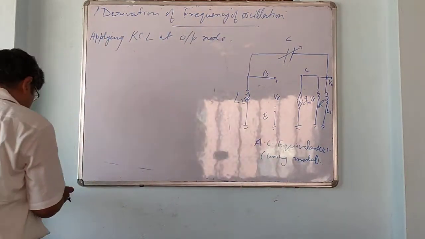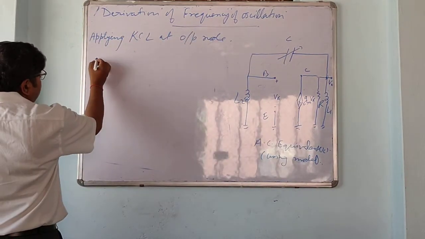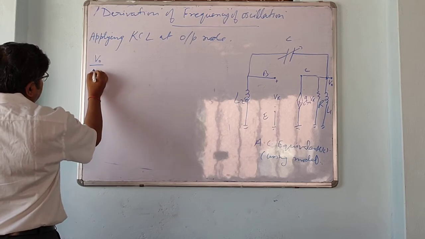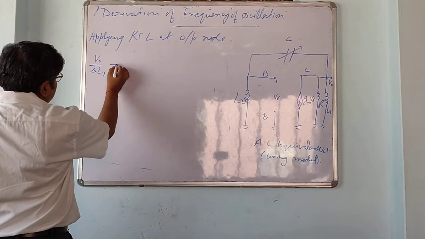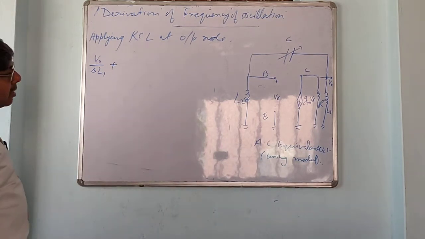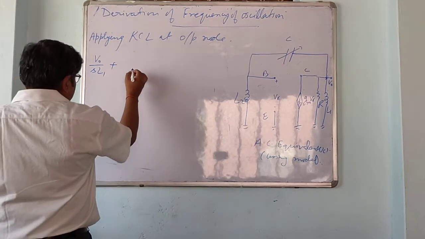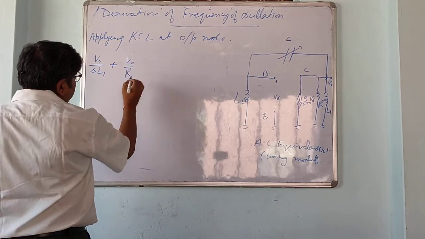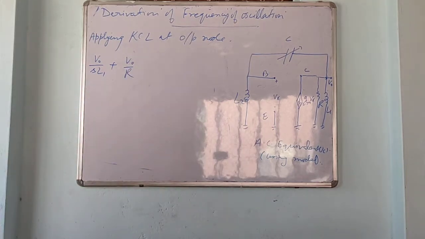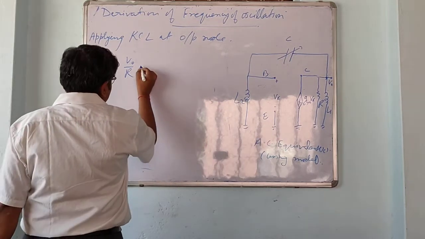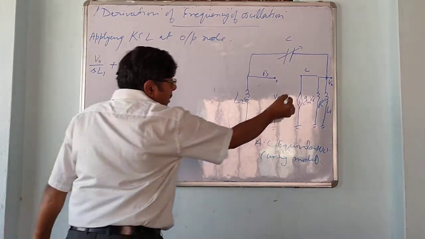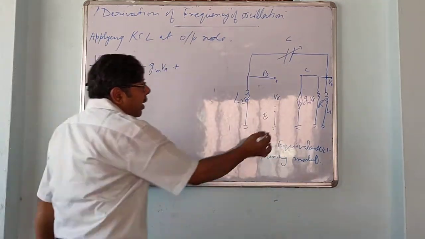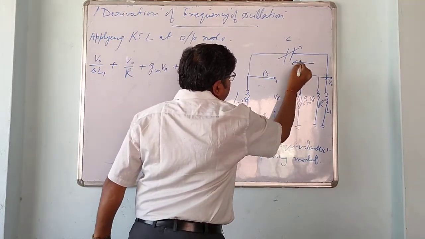After applying KCL, we can write like this. This is the current through L1, plus voltage upon impedance, then the current through the resistor, plus the dependent current source. And the next part is the current through this part.